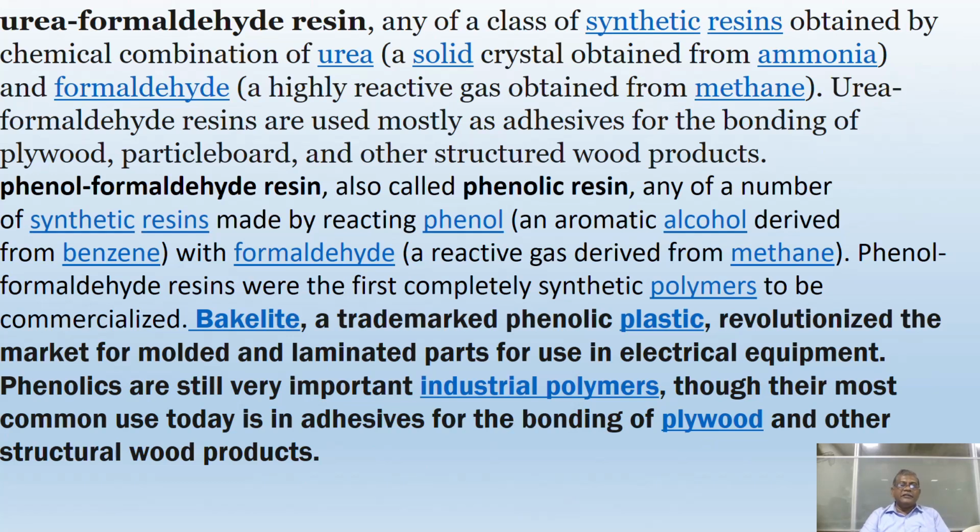Phenol formaldehyde resin, also called phenolic resin, is any number of synthetic resins made by reacting phenol with formaldehyde. Phenol formaldehyde resins are the first completely synthetic polymers to be commercialized. Bakelite, a trademark phenolic plastic, revolutionized the market for molded and laminated parts for use in electrical equipment.